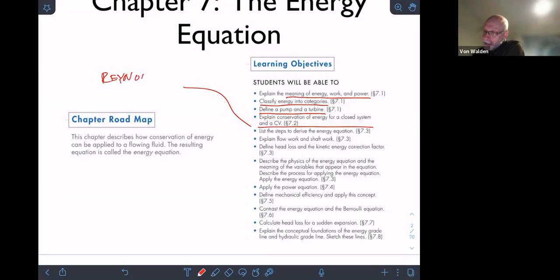This is going to lead us into the discussion of how we would apply the Reynolds transport theorem to energy. Just like we did with conservation of mass, we're going to use it for conservation of energy, although the derivation is super complex, but the application of it basically is the Bernoulli equation with some things tacked onto it with pumps and turbines.